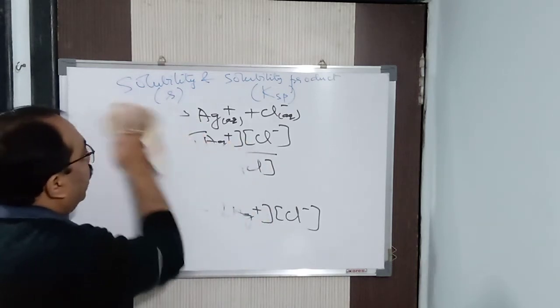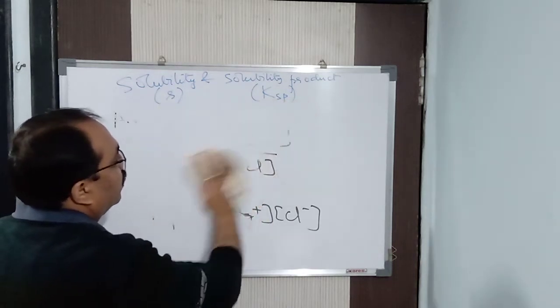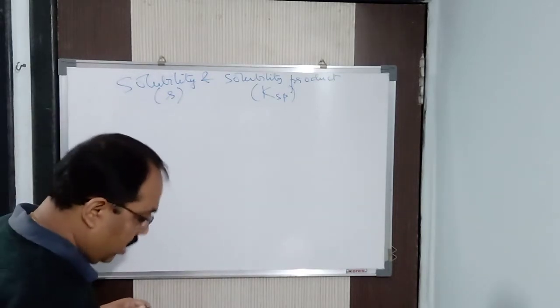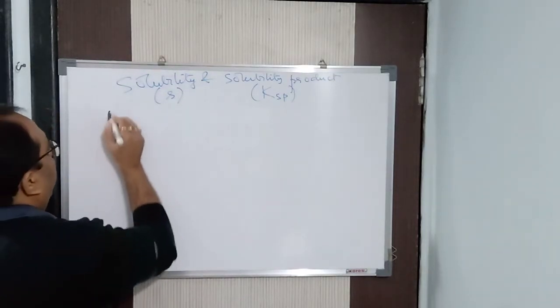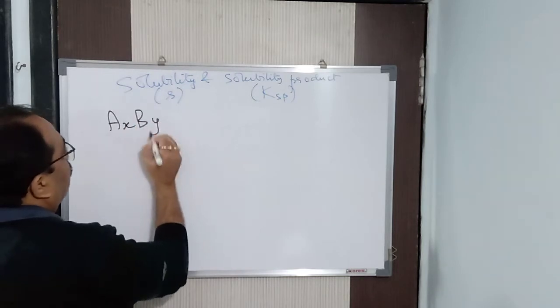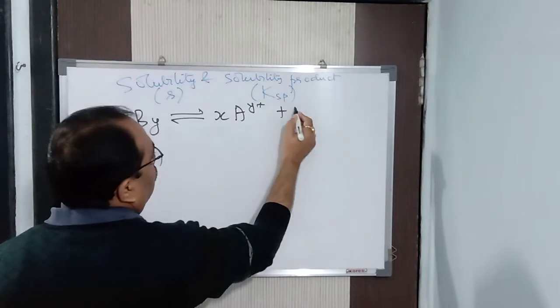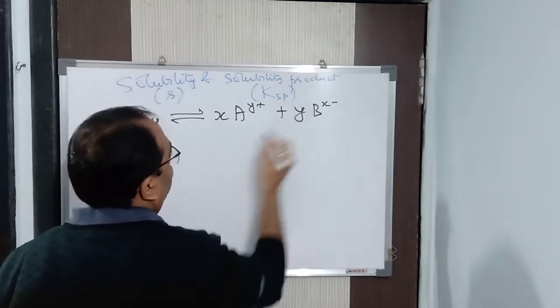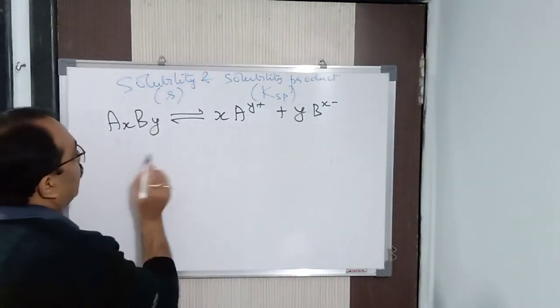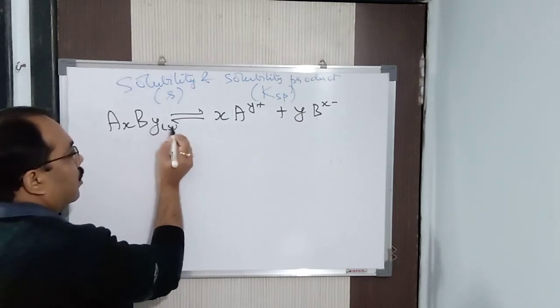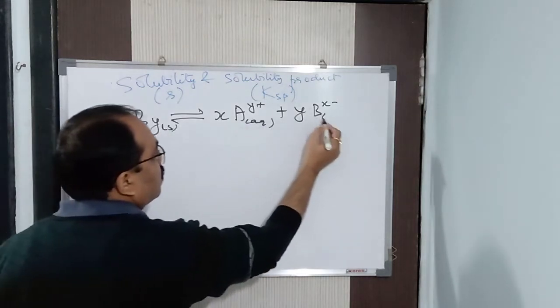Now in general, suppose I take any salt AxBy. AxBy dissociates to give xA^y+ plus yB^x-. This is of course a salt, that is solid, and these are aqueous.